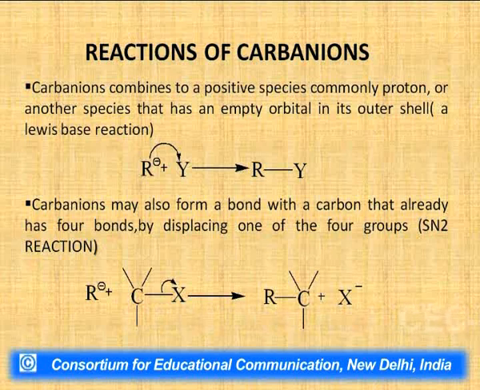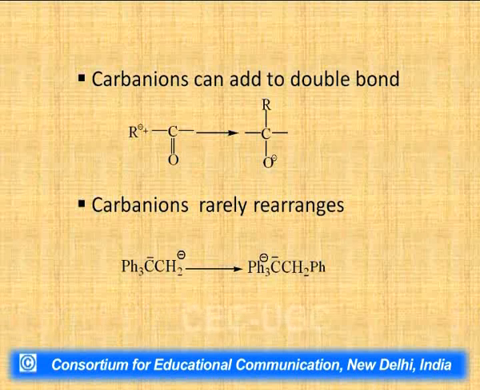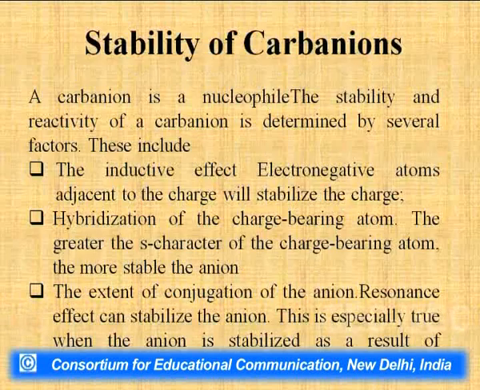In the earlier lecture we discussed the SN2 reaction, bimolecular nucleophilic substitution, where we got an intermediate pentavalent transition state. Third, a reaction generally observed with carbanion intermediates is that it can add to the carbonyl carbon. And the fourth, which is rarely observed, is the rearrangement of carbanions.